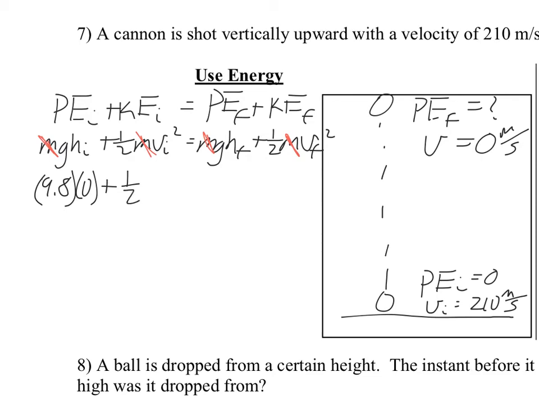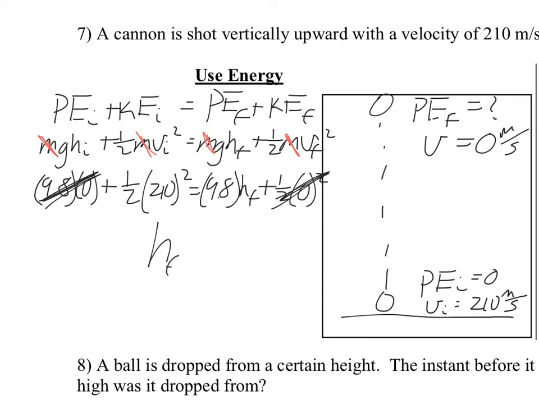Plus 1/2 210 squared equals 9.8 times h final. The final height, that's actually what we're looking for. Plus 1/2 v final squared, and we said our final velocity would be 0. So this term goes away, and this term goes away. If you solve for h final, you'll end up getting our final height is equal to 2,250 meters, just like it was using kinematics.